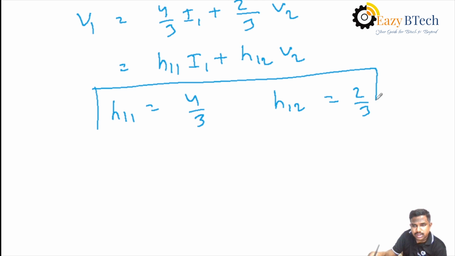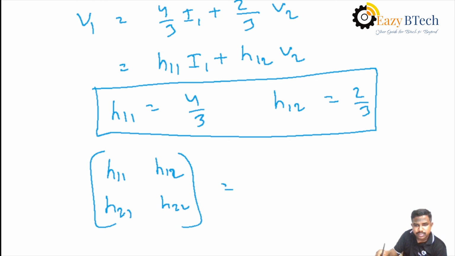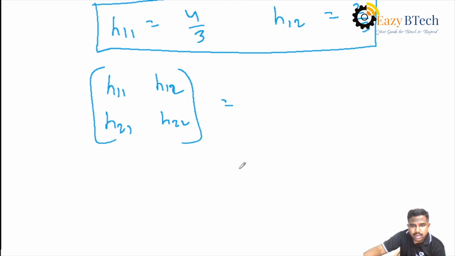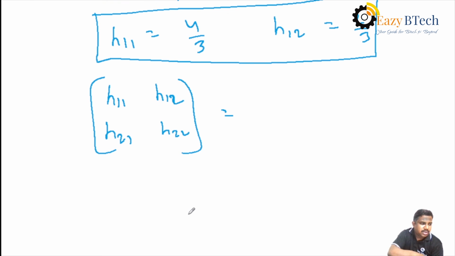Okay, in this way, you have to find out the H parameters for the given circuit. Therefore, the parameters in matrix form. Okay, remember, in examinations also, after finding all parameters, you must compulsorily mention the parameter values in matrix form.